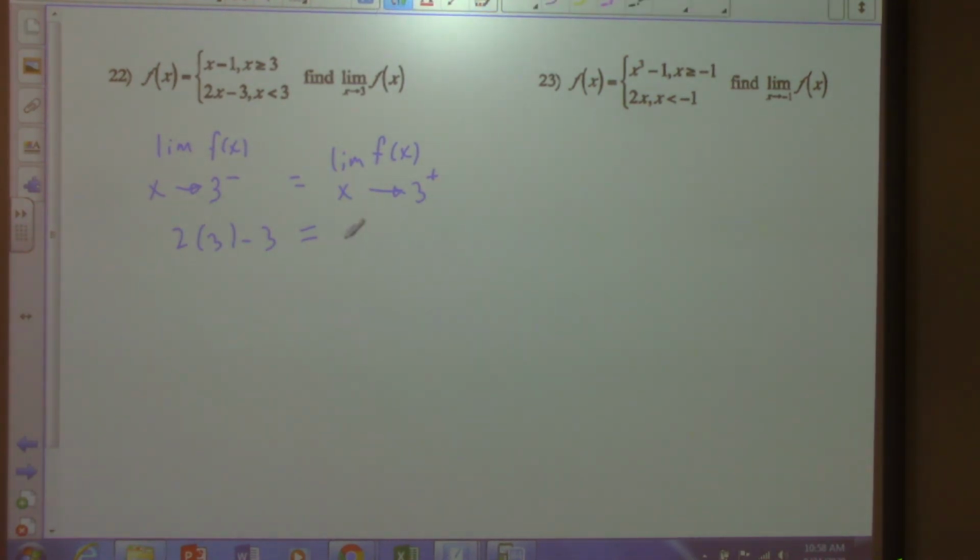So this is going to be 3 minus 1 here, right? So I get 3 equals 2, is that right? No. D and E. Yeah, so since left-hand limit does not equal right-hand limit, this limit in this case does not exist.